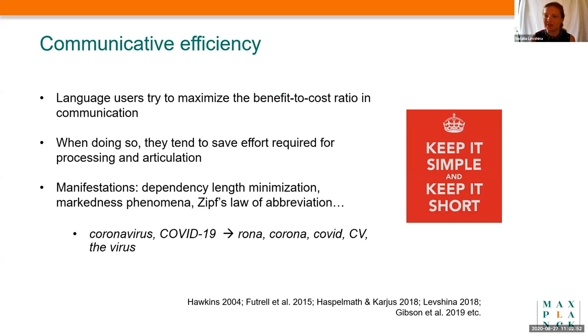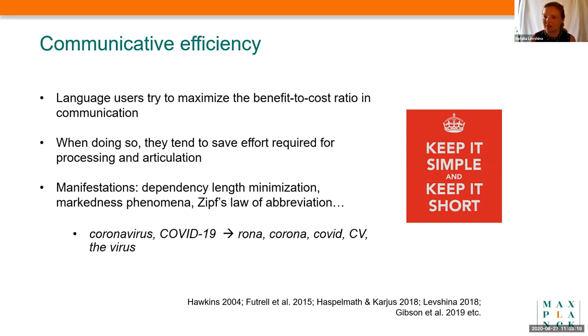The manifestations of this principle include dependency length minimization that we've heard of already, as well as markedness phenomena. For example, singular is more frequent and less frequently marked than plural, which is less frequent, or Zipf's law of abbreviation, according to which more frequent words tend to be shorter.